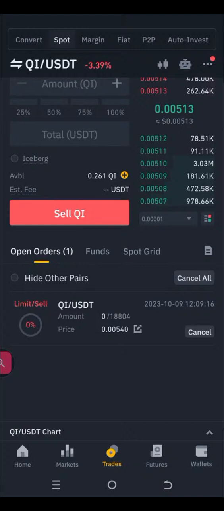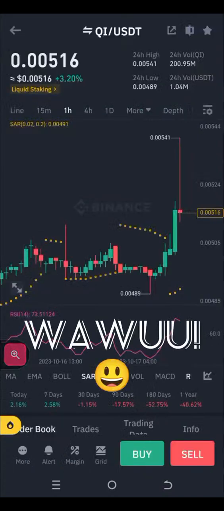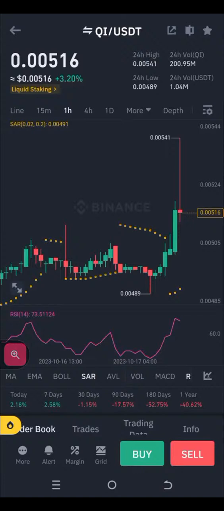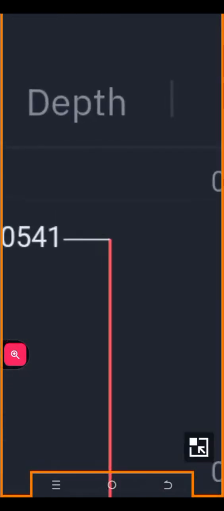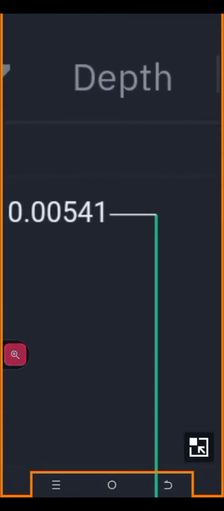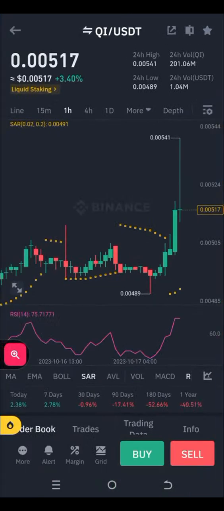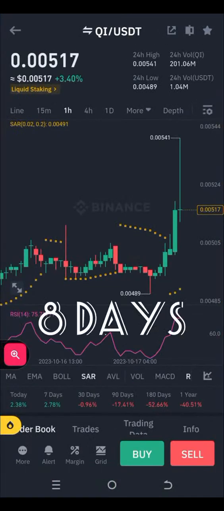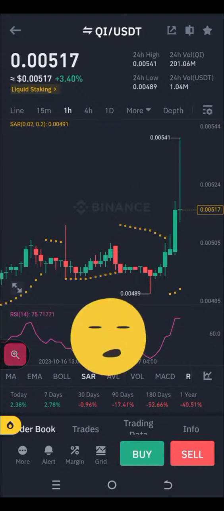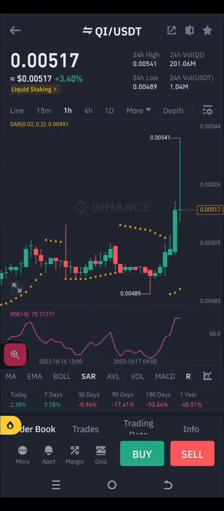Take care. Wow! Can you see how QIUSDT ran all the way to 0.0541? This trade, I've been in it for 8 days. Eight days. Oh my God. But anyways, like I told you, probably you must have watched in my previous videos that there has been a bloodbath in BTC, but BTC has recovered a little bit.